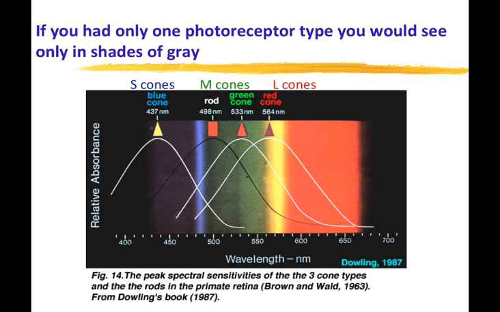That means that fewer photons have to hit them in order for them to generate an electrical signal. But because we have only one class of rods, when we're using our rod vision, we cannot distinguish between colors, and this is what happens to us when we walk in the dark. The world looks to us in shades of gray. Is that clear? Yep.